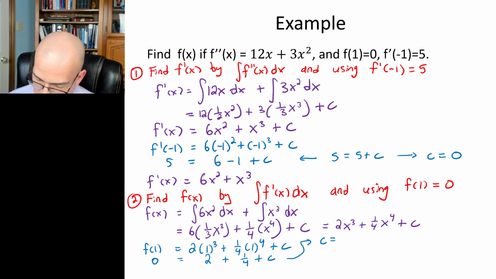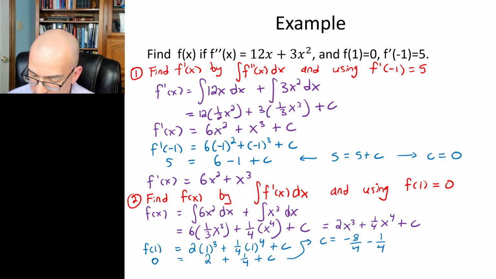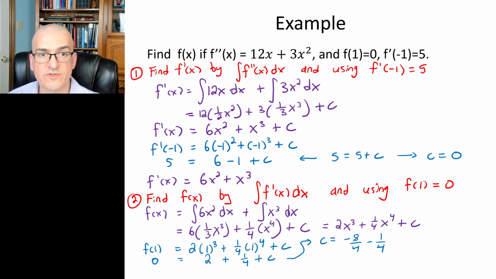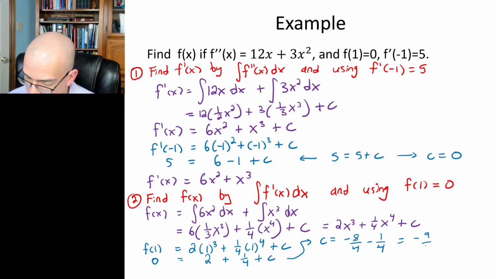minus 8 over 4 minus 1 over 4, making common denominators and subtracting the two, which is negative 8 over 4 and the 1 over 4, subtracting those from both sides, and we get minus 9 over 4.